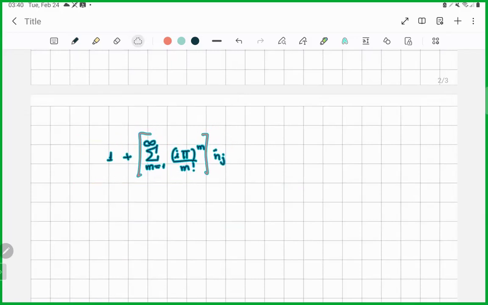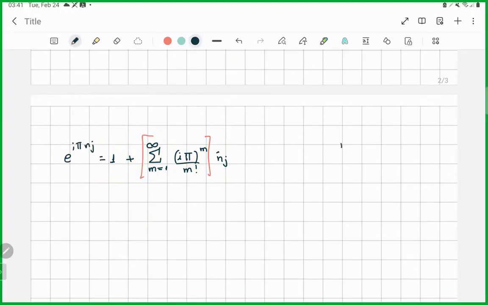So remember, this is our exponential, no? i pi nj is now this. And what is this? Well, this is almost the exponential of i pi. The thing that is missing is the m equals 0 term to be really the exponential of i pi. No? So exponential of i pi minus the number 1 that is missing in this story.